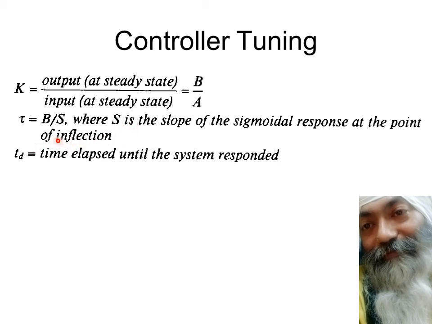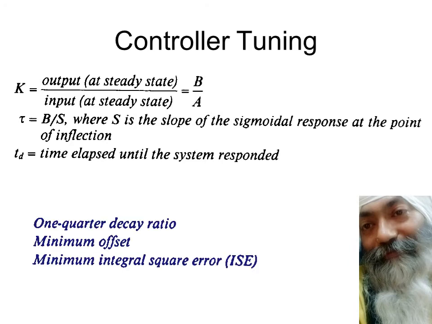You also know the meaning of point of inflection. And td is where the tangent drawn at the point of inflection cuts the time axis. At that point we take that as the approximated dead time td, the time elapsed until the system responded in its approximated curve.